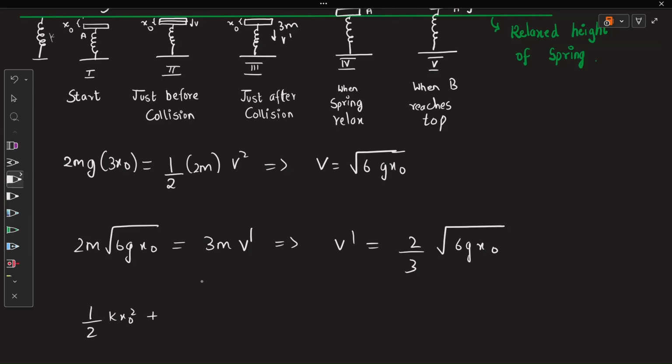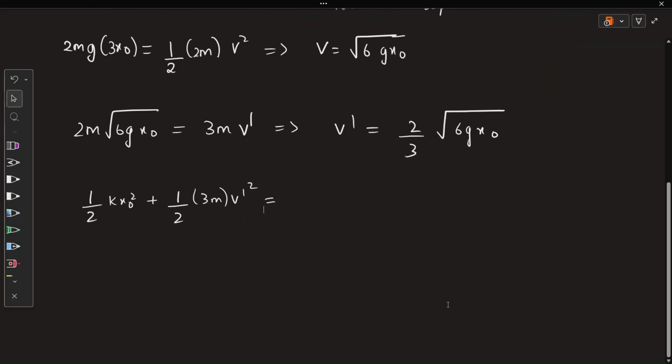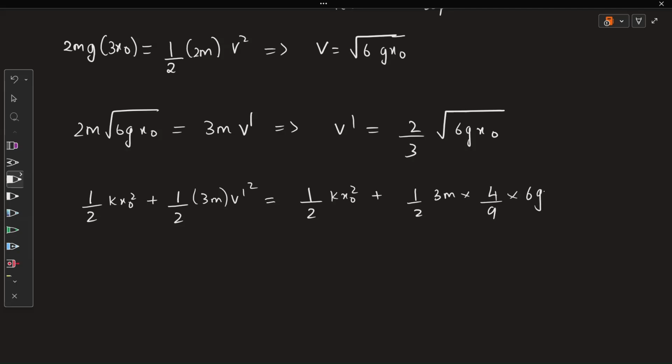Sorry, it has kinetic energy too, right? So half, mass 3m has a velocity of v dash square. This is the initial energy. If I expand it, what I get is half k x naught square plus half 3m into 4 by 9 into 6g x naught.